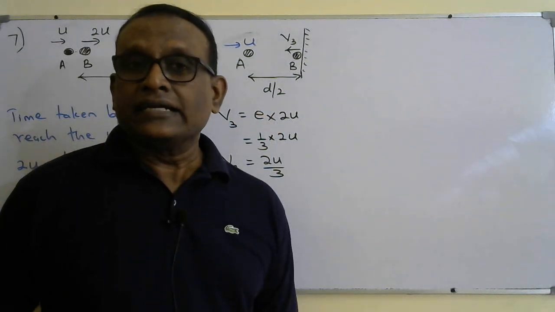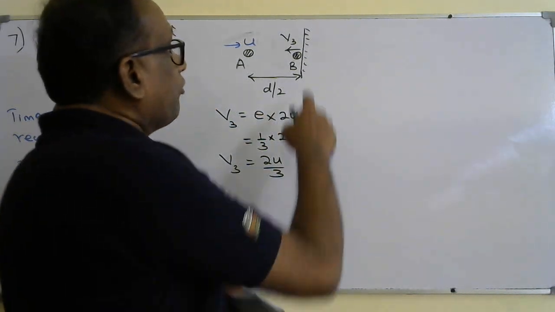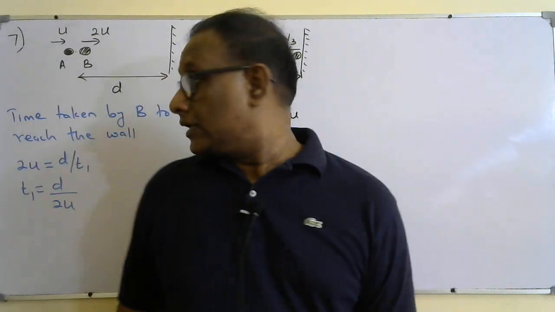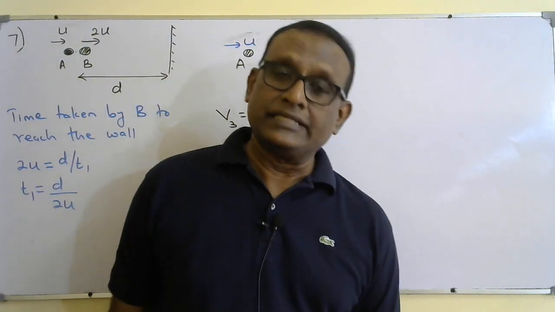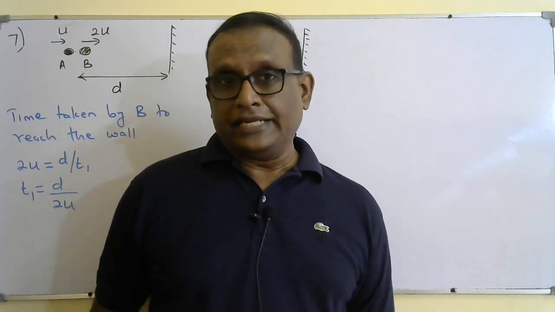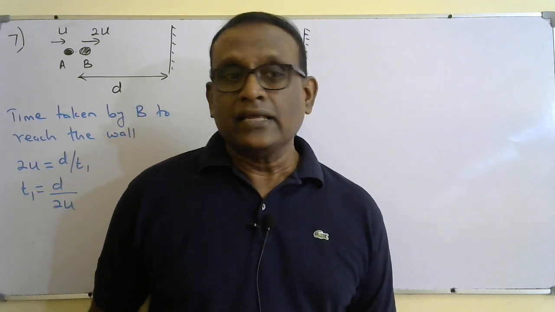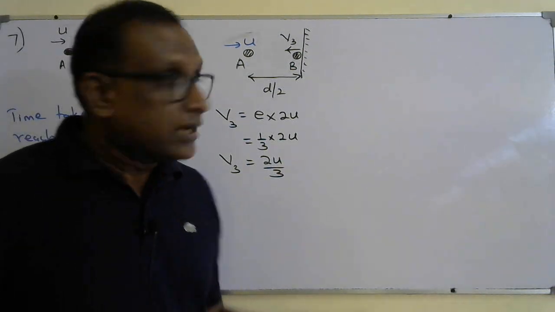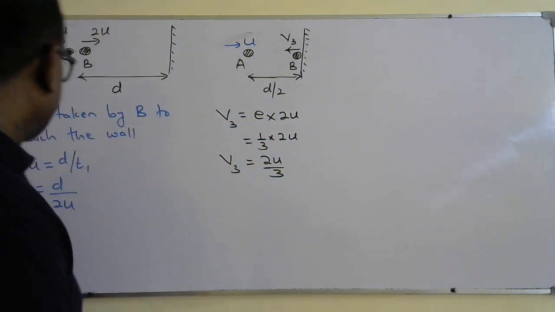So the time taken by them to collide again from this moment, let it be T2. During the time T2, the total distance traveled by both A and B is equal to D by 2. So we'll take that way.